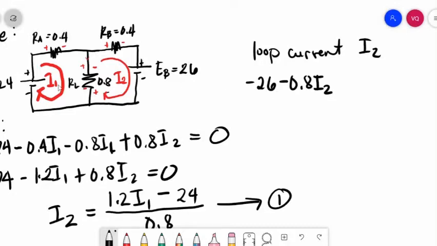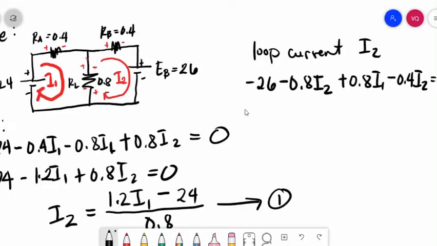And then loop current I1 here entering a negative sign, so we will have a positive 0.8 I1. Another drop in RB. So loop current I2 entering the positive sign of RB, so we will have a negative 0.4 I2 is equal to 0.